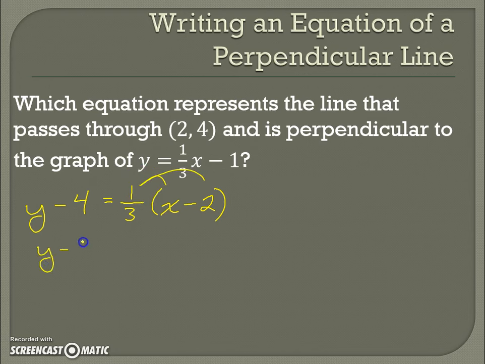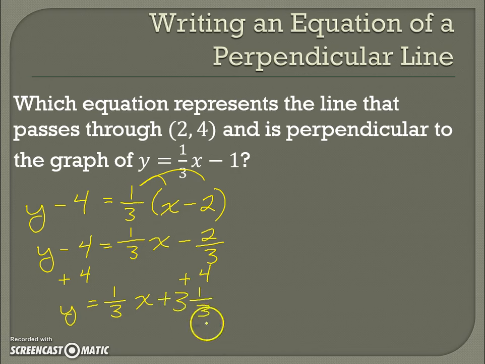So I get y minus 4 equals 1/3 x minus 2/3. Add 4 to both sides. We get y equals 1/3 x plus 3 and 1/3.